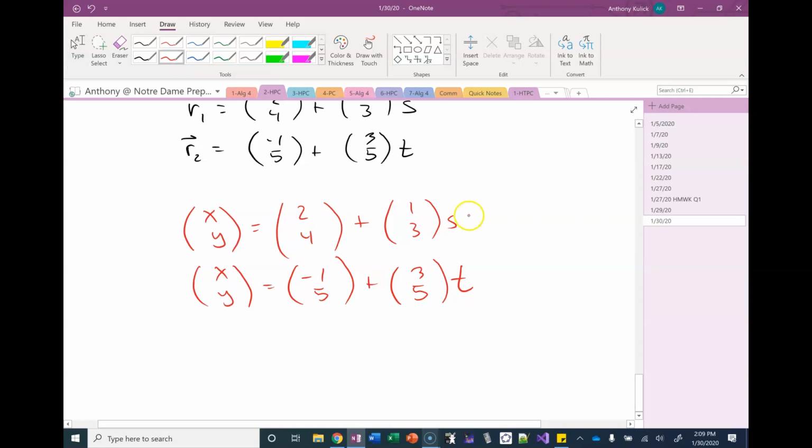Now, if I simplify this first equation, if I do the scalar multiplication and then vector addition, I get 2 plus s and then 4 plus 3s. Can everybody see that? And how I got that?